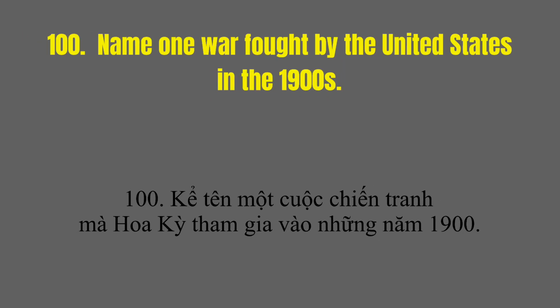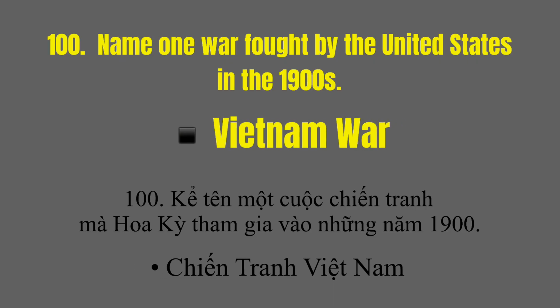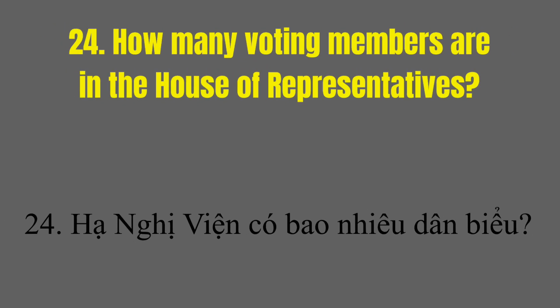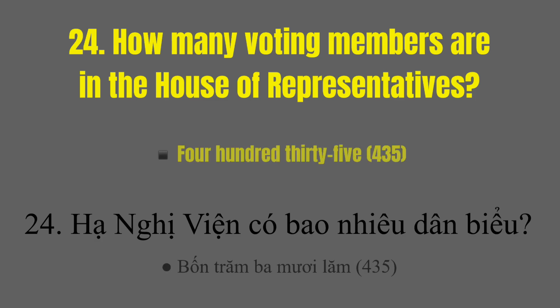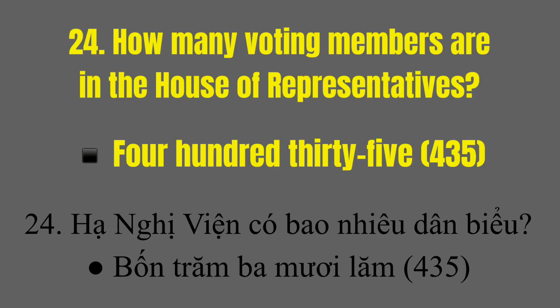Name 1 war fought by the United States in the 1900s. Vietnam War. How many voting members are in the House of Representatives? 435.